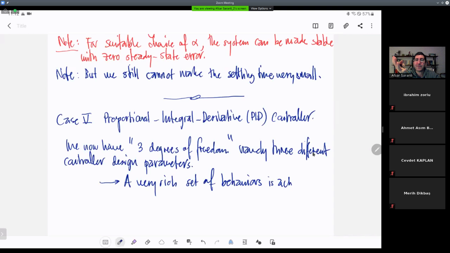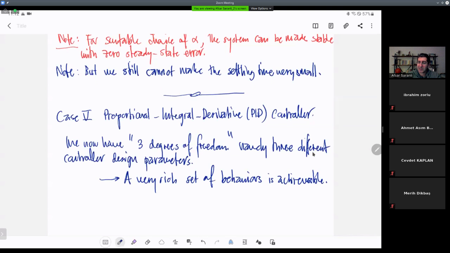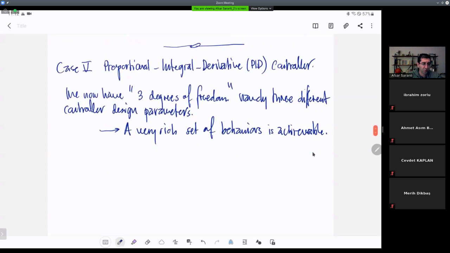But once you have 3 different parameters, there are so many different combinations that it really becomes quite difficult. But still, we will make an attempt to make a choice for 2 parameters and still attempt to use root locus for a similar purpose. Okay, so let me try to do that.